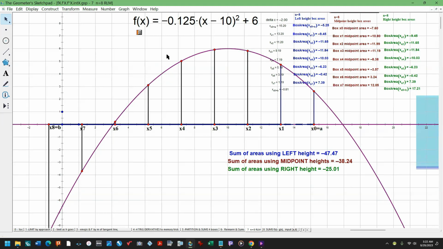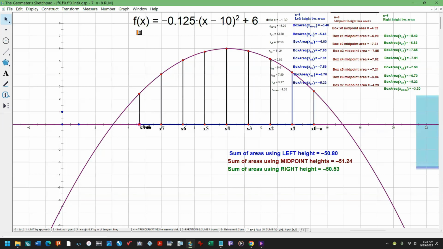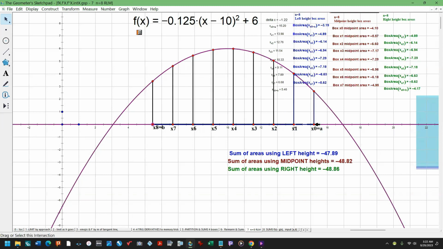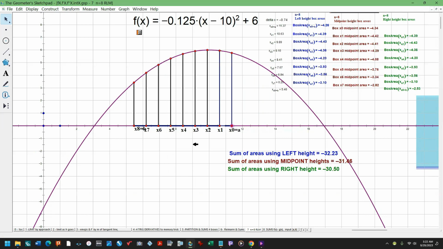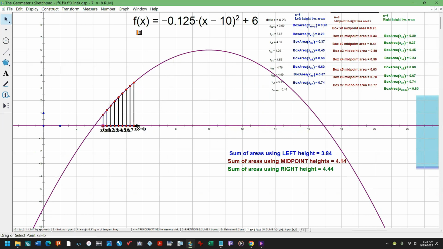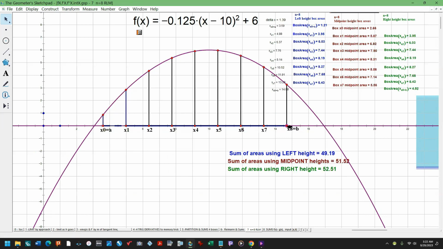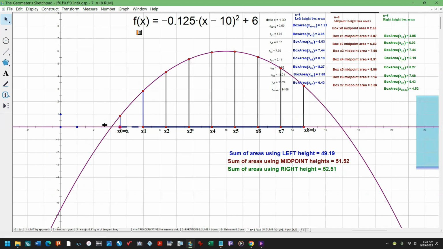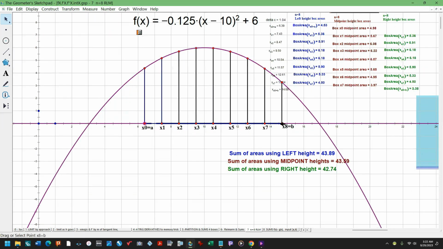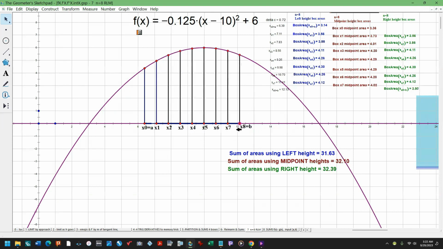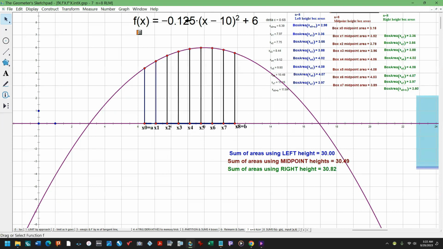And with this one, you can change the A and the B. And I think I've got them in reverse order. And you could change the function.